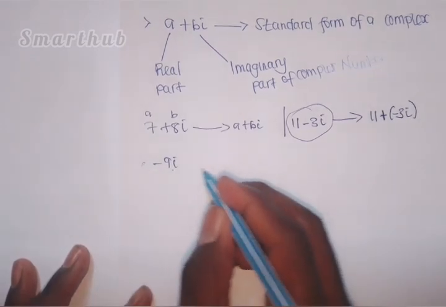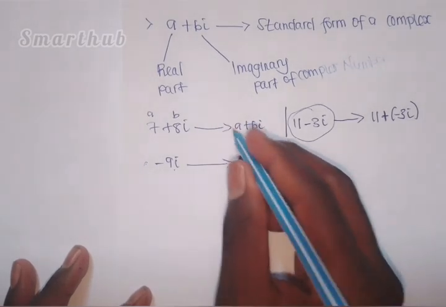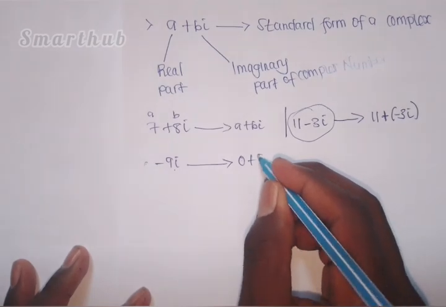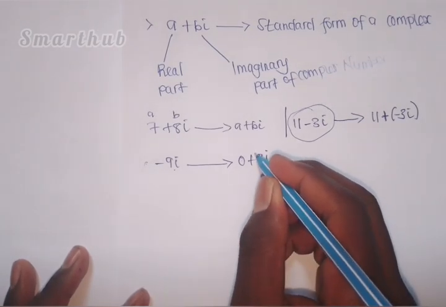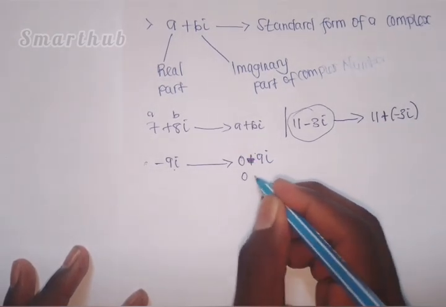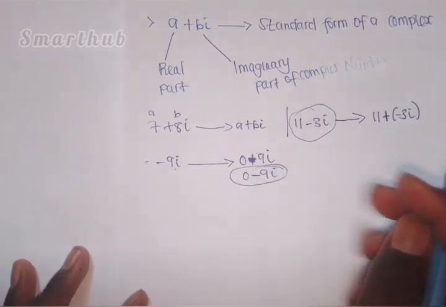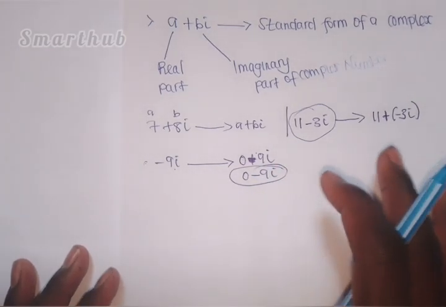So this one in standard form can be written as 0 as our a, plus negative 9 as our b, so 0 minus 9i. So this is our standard form of writing a complex number.